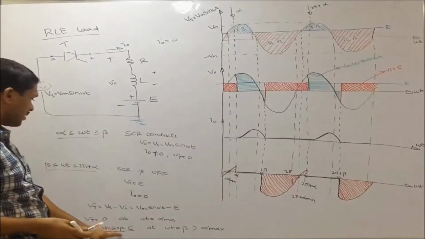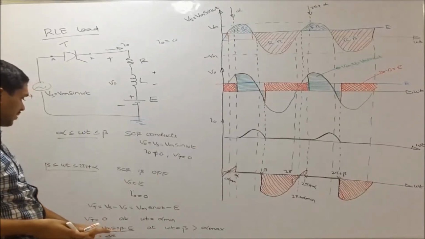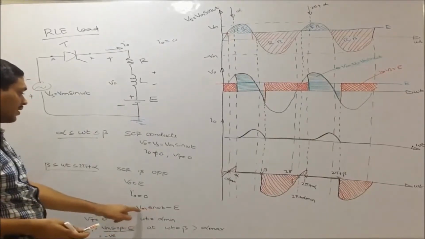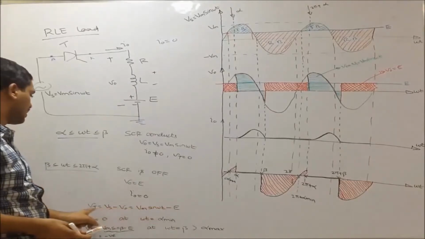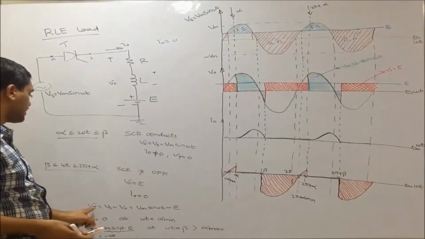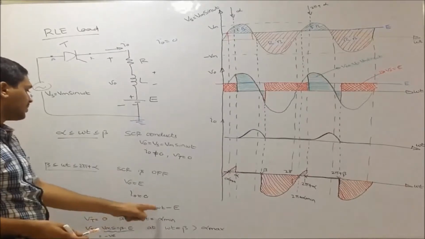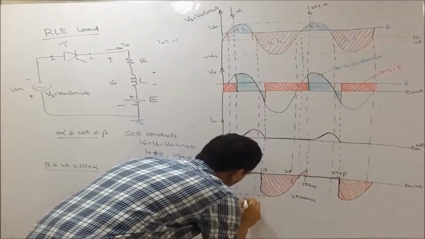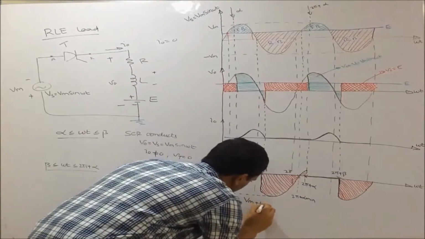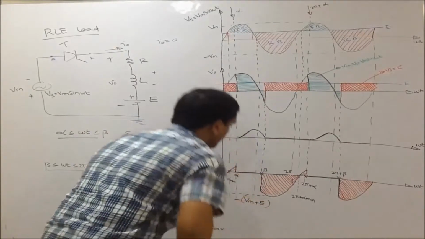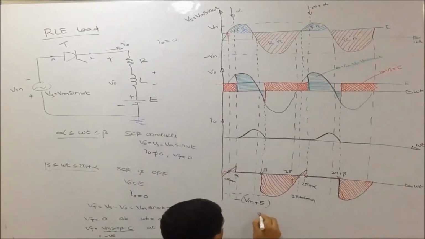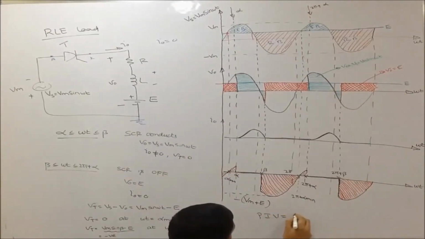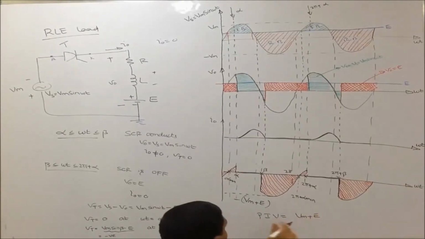Otherwise, from the equation also we can say, whenever this becomes minus Vm, this is already minus E, so the negative voltage across the thyristor becomes Vt equal to minus Vm minus E. So this peak value is Vm plus E, obviously with a negative sign. So the peak inverse voltage is Vm plus E. Peak inverse voltage is already defined as negative, so I am not putting a negative sign here.